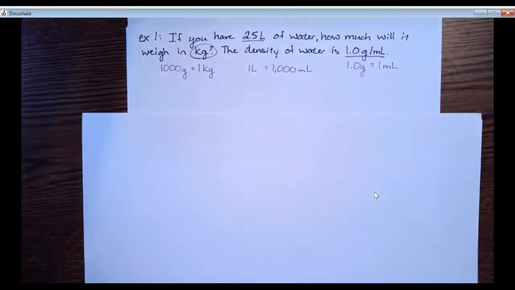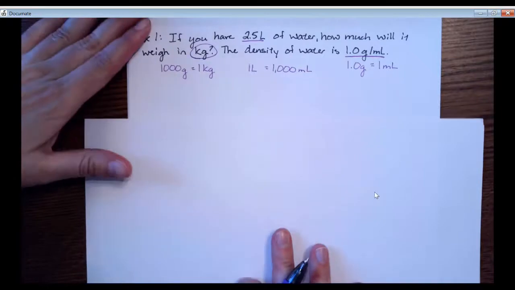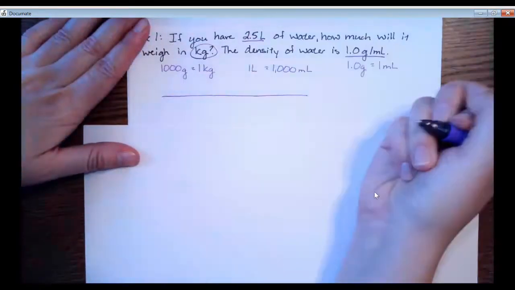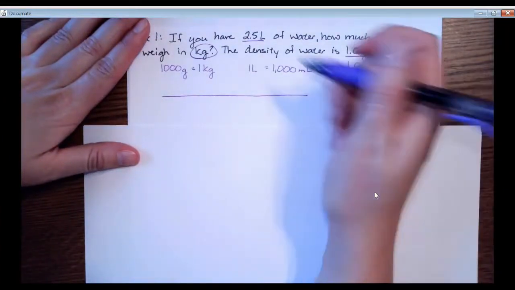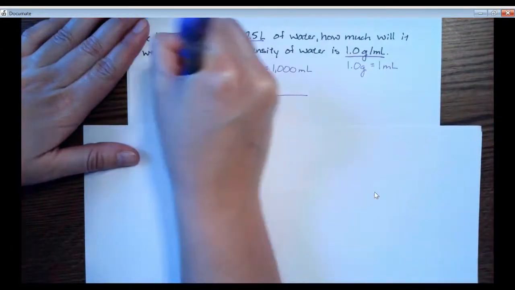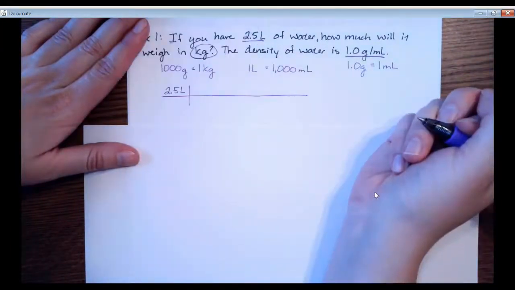Okay, so let's go ahead and set up our factor label table. So remember, we're going to start by drawing that horizontal line. And then we're going to put our given into the first box with the unit. So 2.5 liters up top. Now, I need my units to cancel on the diagonal.